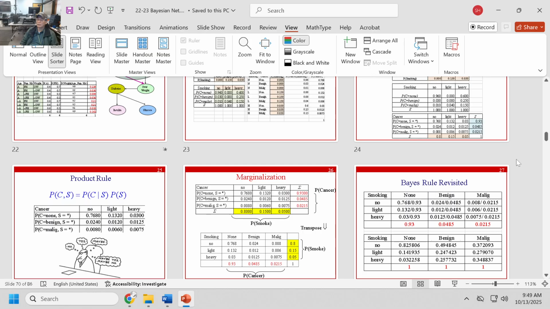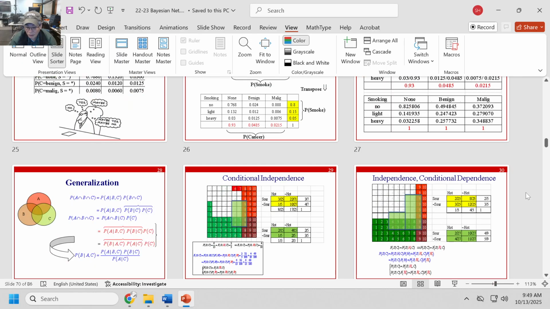To do that, we mentioned a couple of tools last week. First, I talked about conditional independence. That example looks innocent, but it also carries a little bit more than just hot and sour soup.